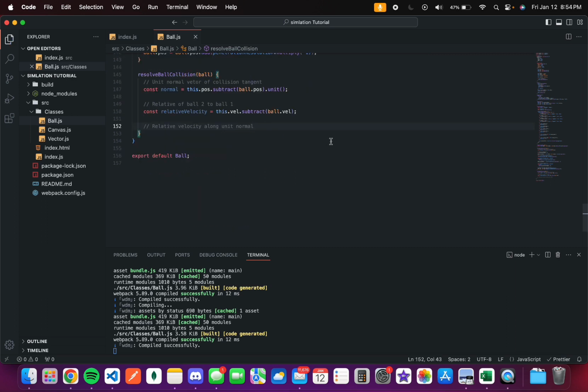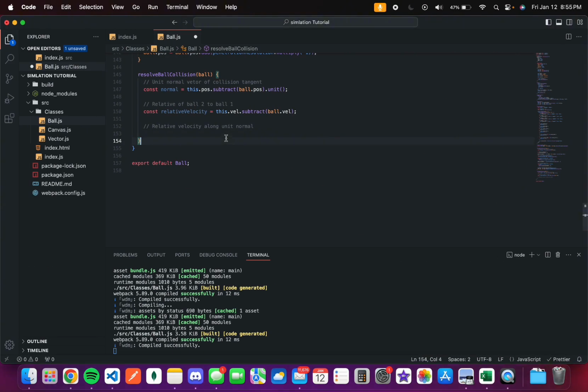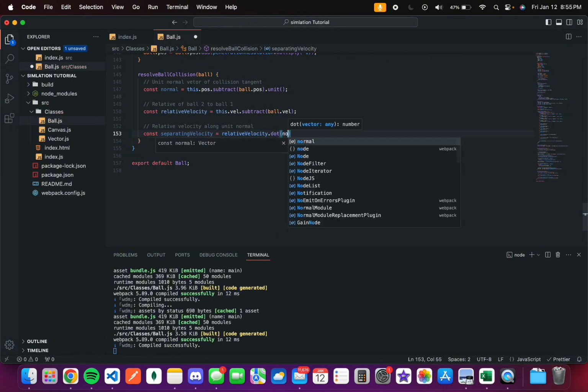So now we create the relative velocity along the unit normal, and we're going to use this to calculate the amount of velocity that's going to rebound the balls away from each other. So we're going to calculate a separating velocity, and that's what we're going to call it. It is equal to the dot product of the relative velocity with the normal.